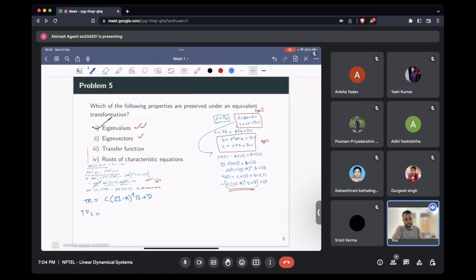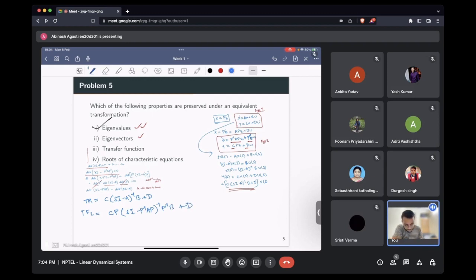Instead of A, B, C, D, we have some separate matrices, that's all: P inverse AP, P inverse B, CP, D. So we have CP (sI minus P inverse AP) inverse P inverse B plus D.